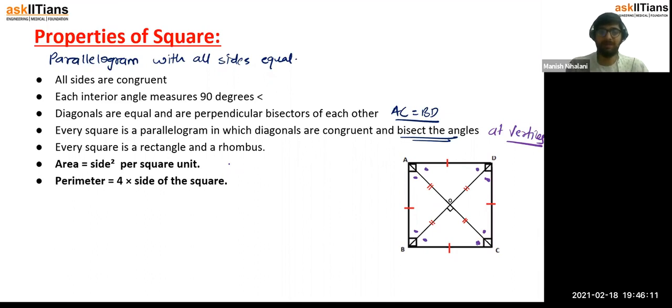Diagonals are perpendicular bisectors in a rhombus, and therefore they are in the square also. So this is a very important statement, that every square is a rectangle and a rhombus also, right? We had also discussed that the area of a square is side into side, that is side squared. Perimeter of the square is 4 into side, right? So we had discussed these things about properties of square.